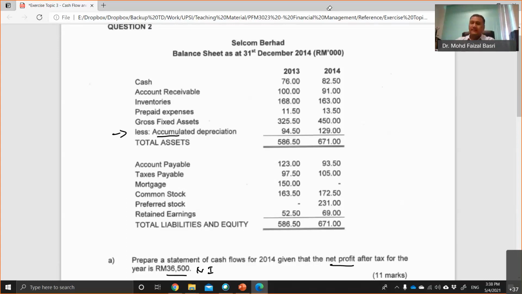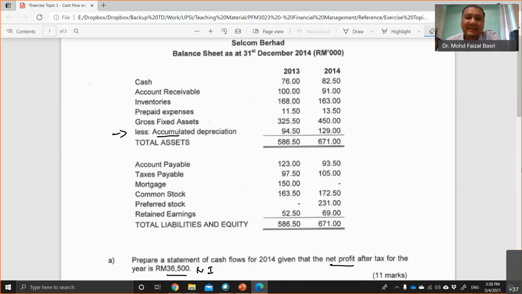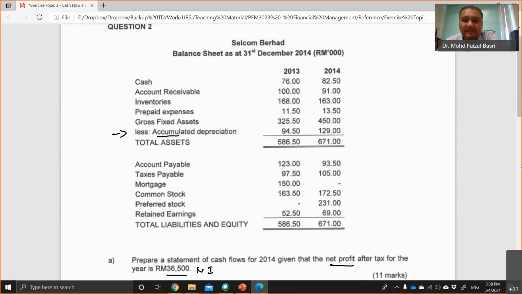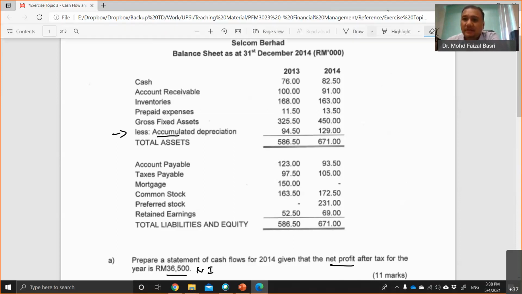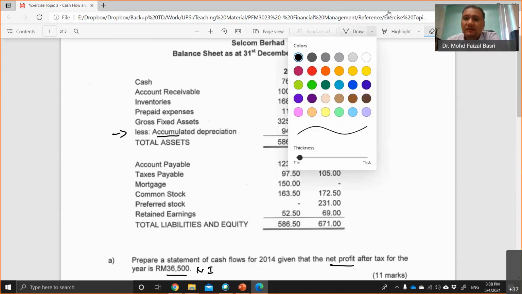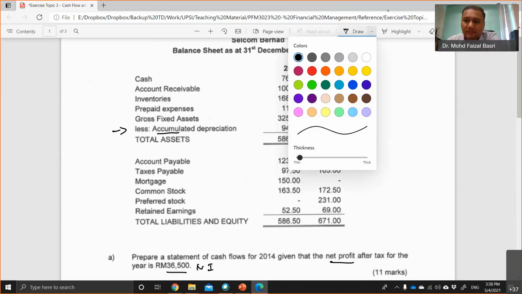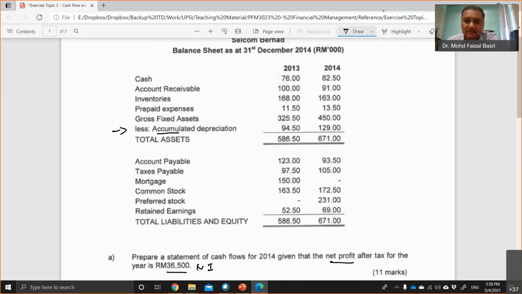Okay, as I said earlier, when you see the question asked for preparation of cash flow statements, what you need to do first is look at your balance sheet, because the balance sheet will be given in the question, and find the changes.